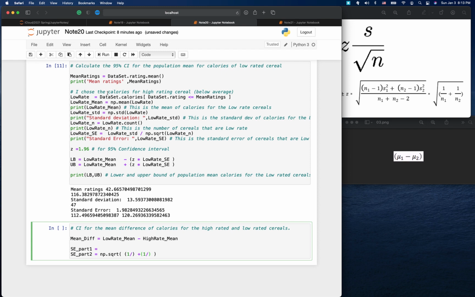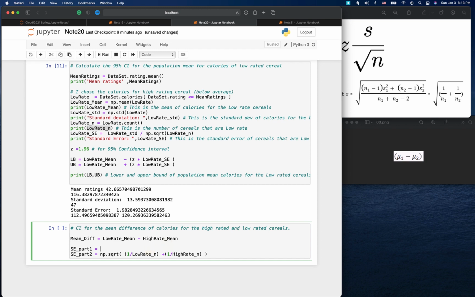So what was the sample size? We calculated it with count. Do you remember this one? Okay, low rate n, and this one is going to be high rate n, correct?